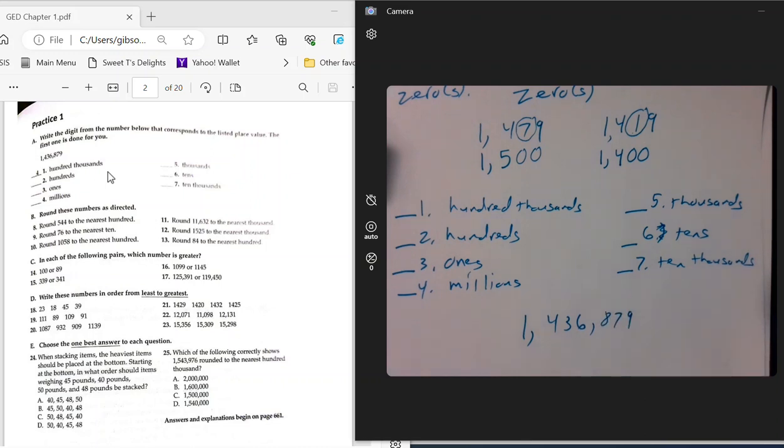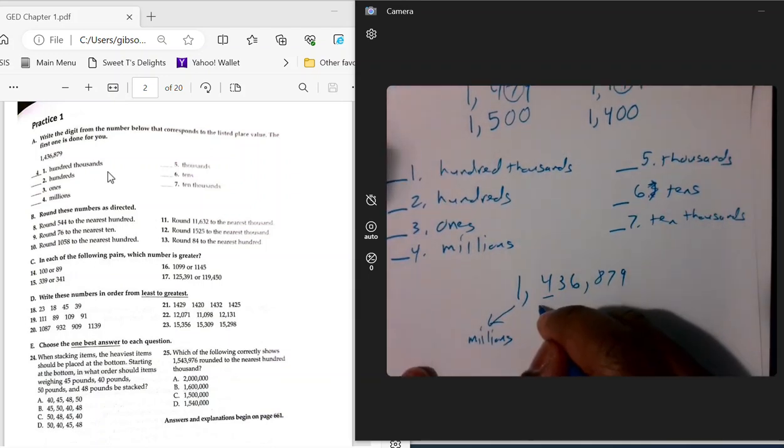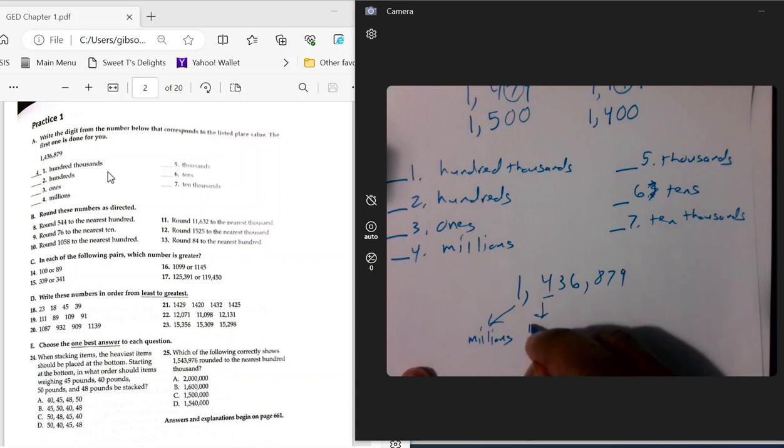Now, we're going to have to go through and determine what place value each of these digits are in. So now we've already been told that this 4 is in the 100,000s place. Now, just going through this, if you need to pause or rewind the video, feel free to do it. First of all, this is millions. I'm going to try and write it here, but I know I'm going to run out of space. This is 100,000s.